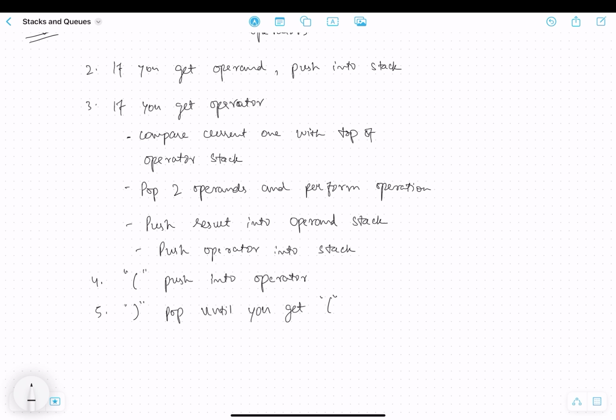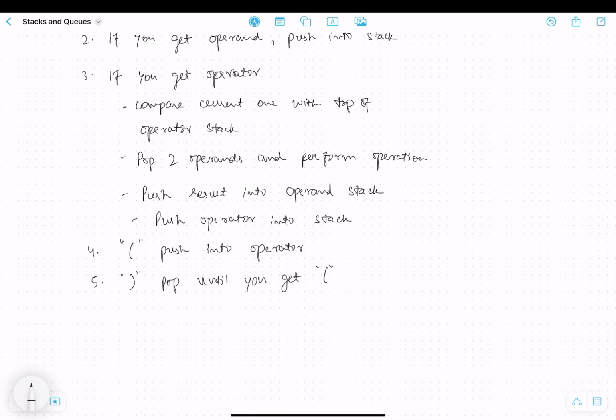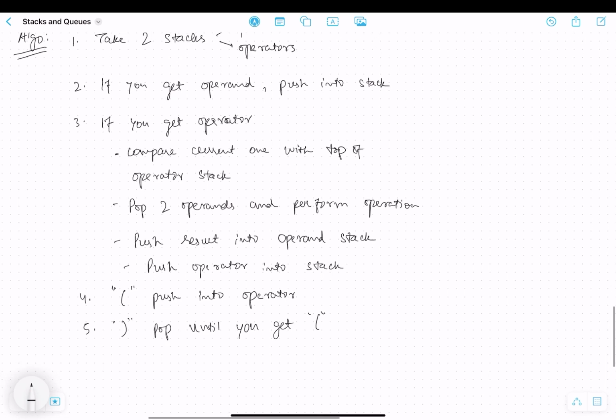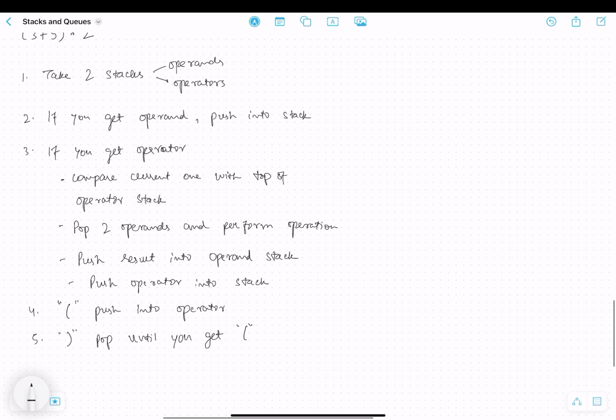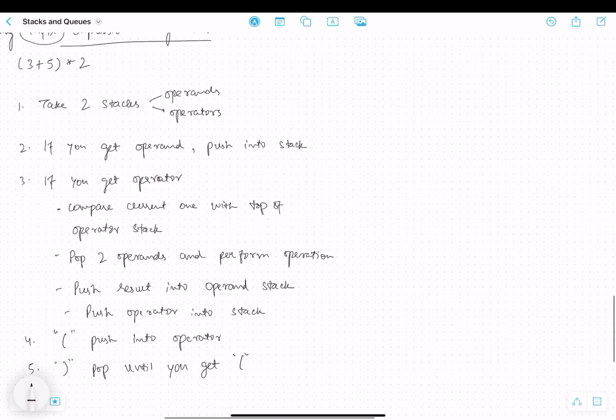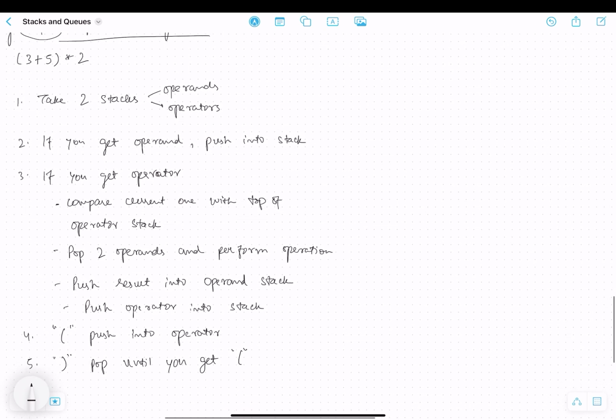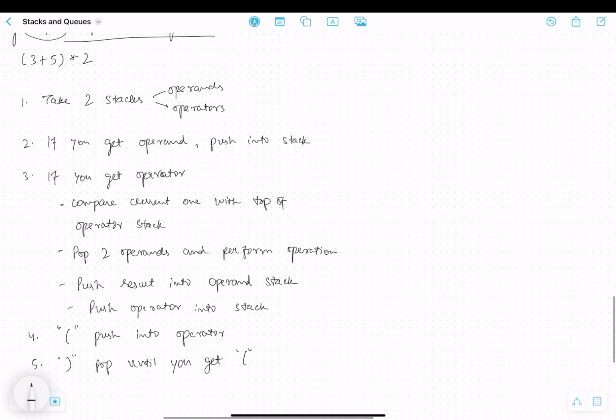When you pop, you will get the operators, and for each operator, pop the two operands and perform the operation. When you get the opening one, discard it. Do this until you are done with the entire expression. I will keep these notes here so that you can see them side by side, and we are going to perform the operation on this one.